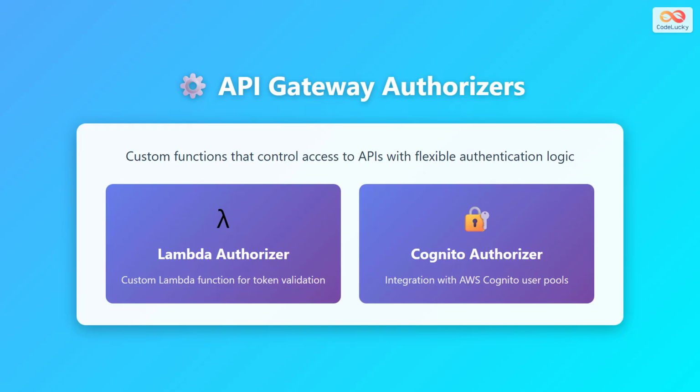You can implement any logic you need, from validating JWT tokens to checking custom authentication schemes. Cognito Authorizers provide seamless integration with AWS Cognito user pools, allowing you to leverage AWS's built-in user management and authentication capabilities. Both types offer powerful ways to secure your APIs beyond simple API keys.